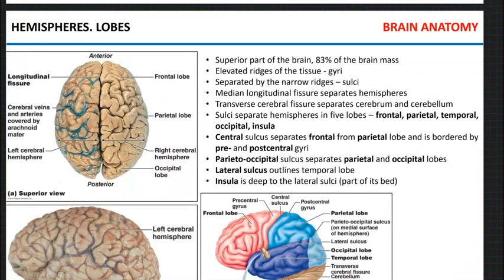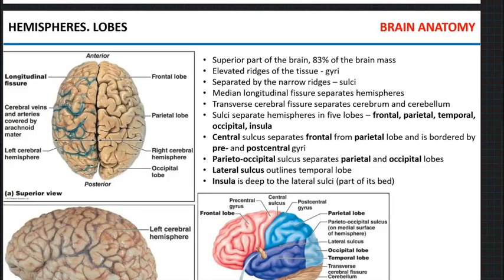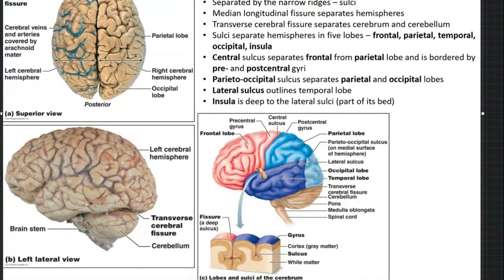On the macro level, you can clearly see the brain is organized into hemispheres, left and right. So this is the left hemisphere, this is the right hemisphere.